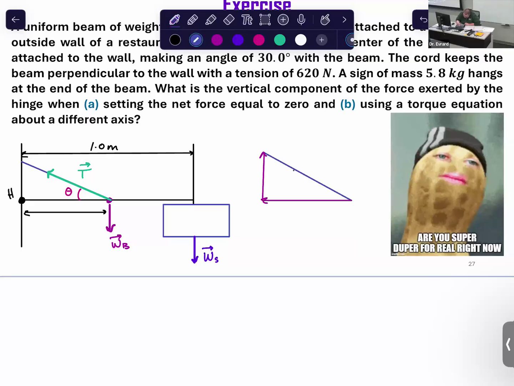That's your tension. We have T_y and T_x. We'll need that eventually.